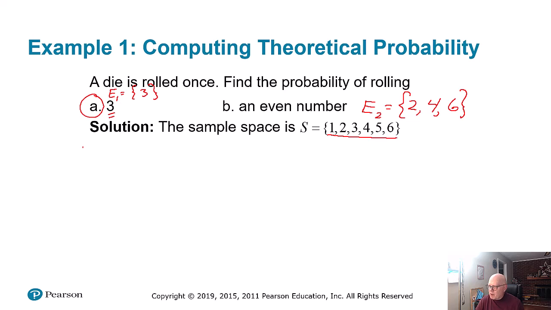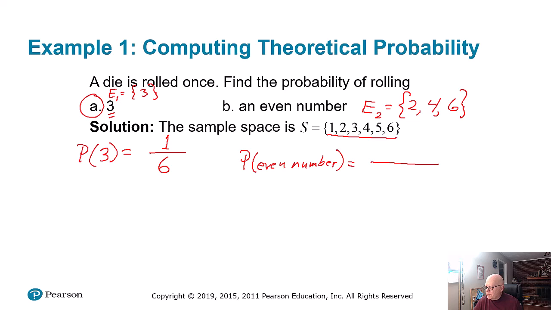If we want the probability of getting a 3, how many ways can you get a 3? Well, there's only one 3 on the die, at least on mine. And there are 6 different sides. So there's your probability of getting an event of a 3 on a die. Second part. The probability of getting an even number.